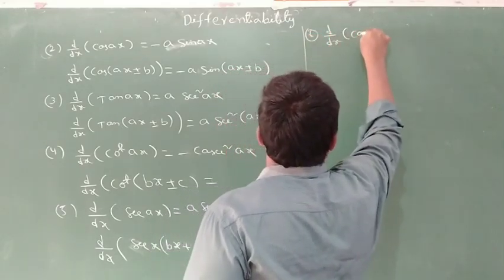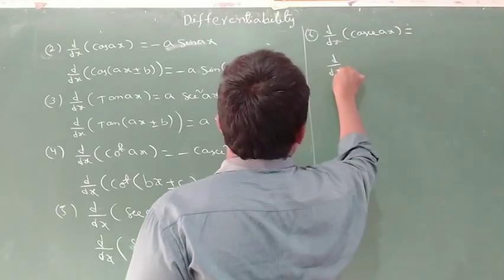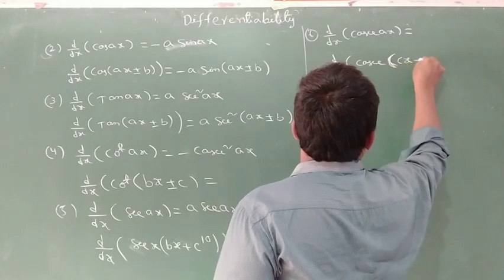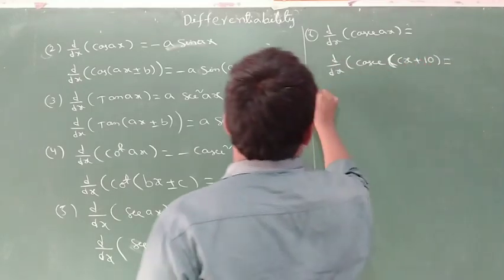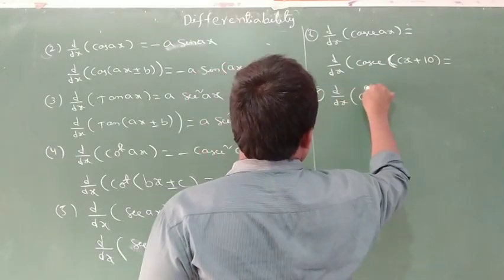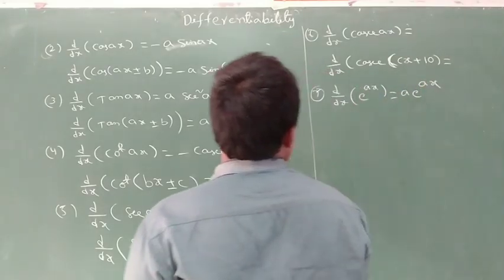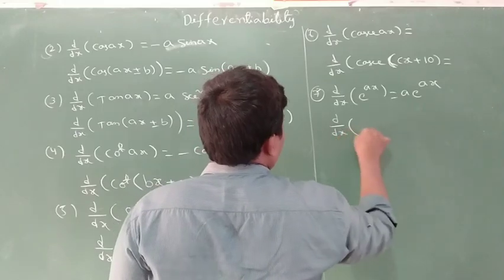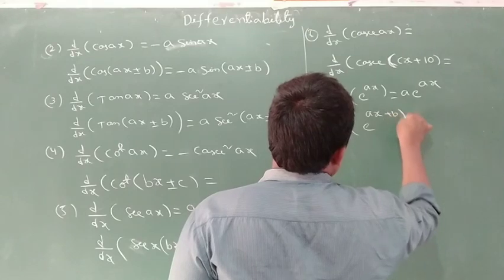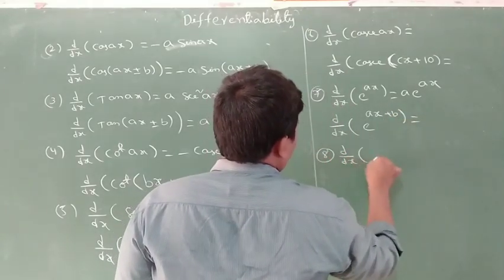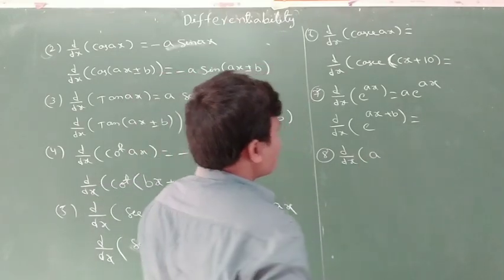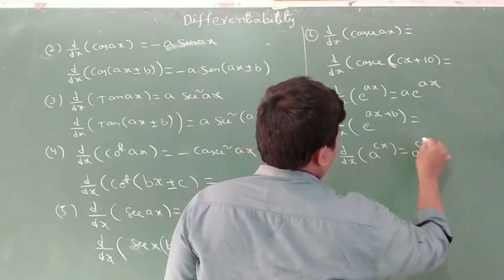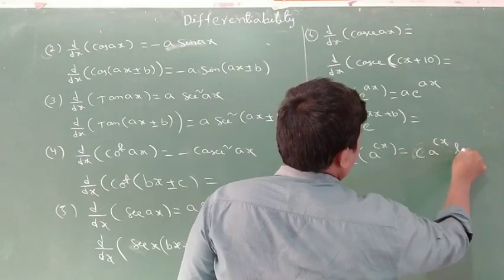Next, d by dx of cosecant ax. d by dx of e power ax is equal to a into e power ax. d by dx of e power ax plus b. d by dx of a power cx is equal to a power cx into log a into c.